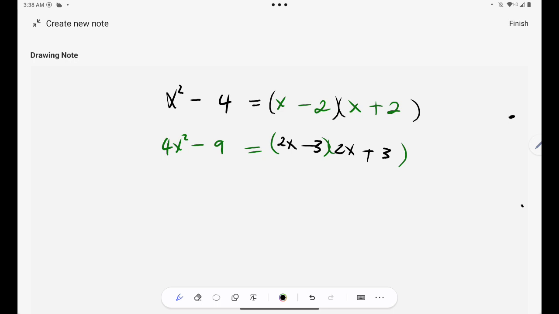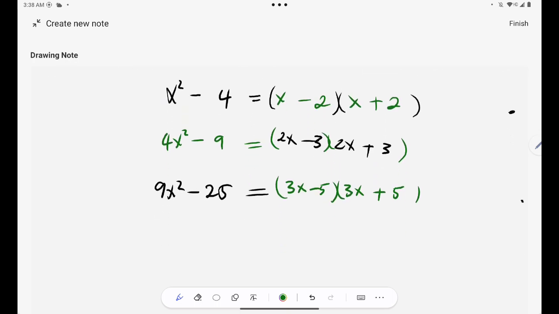What else can you have? You can have 9x squared minus 25. What is the square root of 9x squared? That's 3x. The square root of 25 is 5. Minus and plus. This is how you factorize difference of two squares.